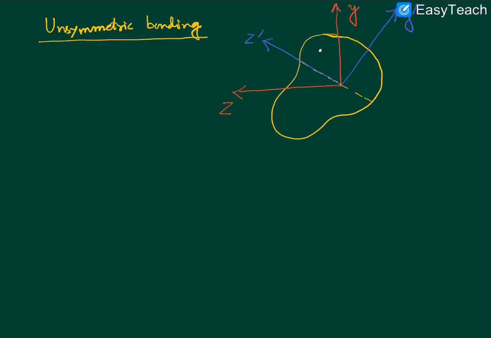Now how can we write this in terms of something involving the y dash and the z dash? You will see the motivation for that in a few minutes. So what I want to do first of all is drop a vertical from this point.